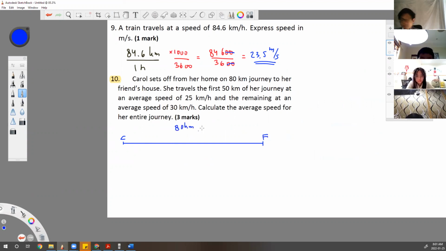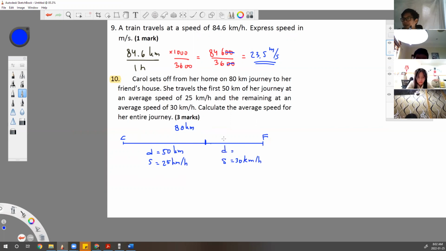And she travels the first 50 kilometer. Jadi dia pertama 50 kilometer pertama. At an average speed of 25 kilometer per hour. And the remaining at an average speed of 30 km per hour.